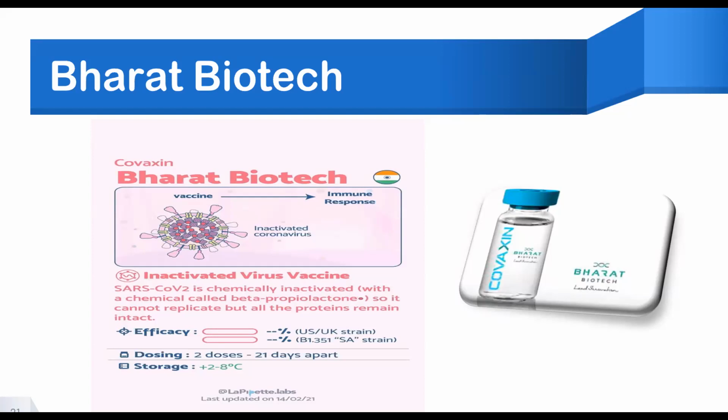So, Covaxin, yung 100% na severe infection sa Covaxin. So, nag-drop yung impact ng infection sa mga hospitalized patients. And nasa phase 3 na rin sila for 25,800 na mga volunteers.